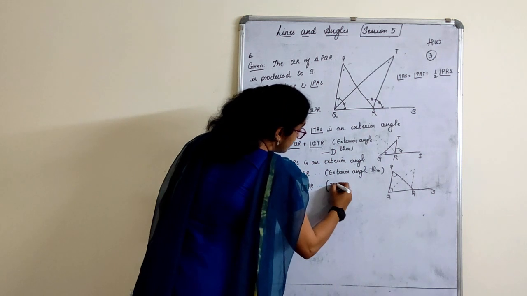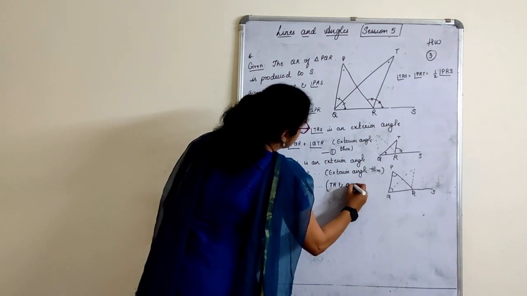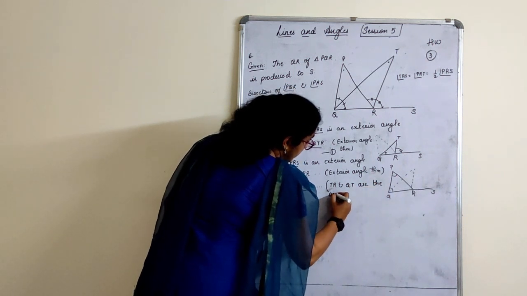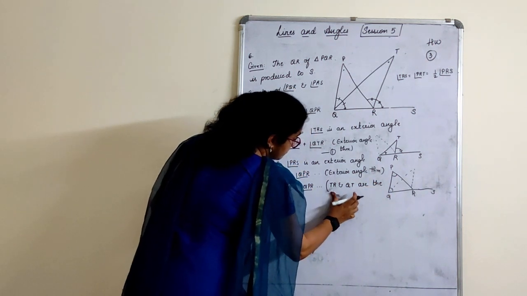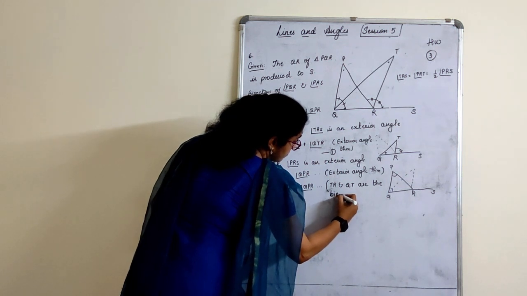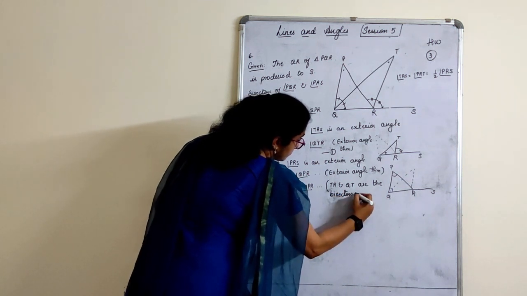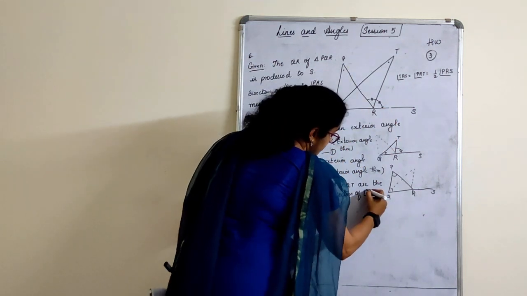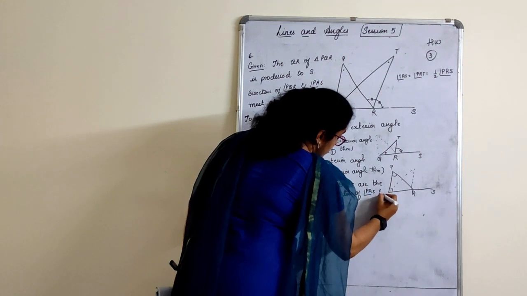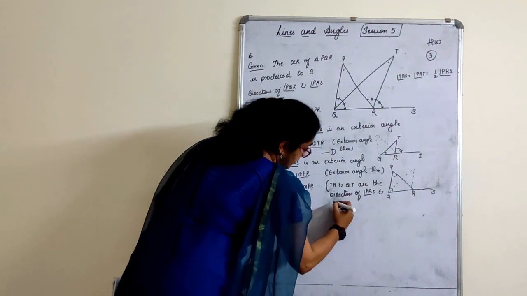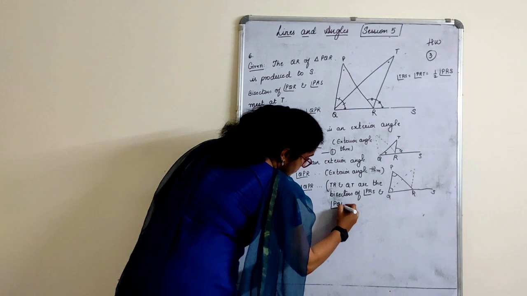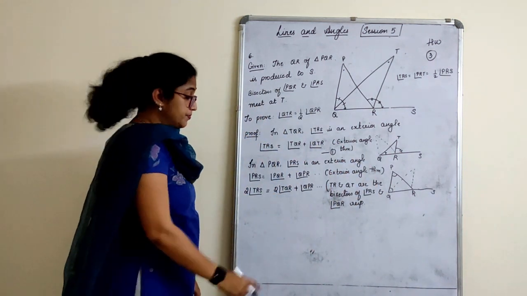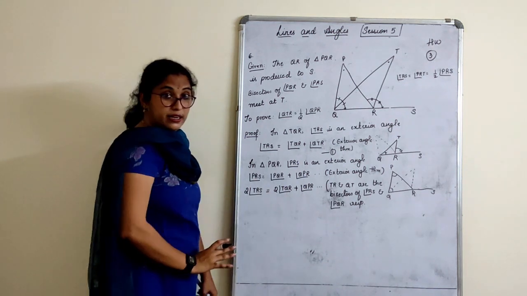PR and QT are the bisectors of angle PRS and PQR respectively. Okay, keep this as it is. Is this very clear? Okay.